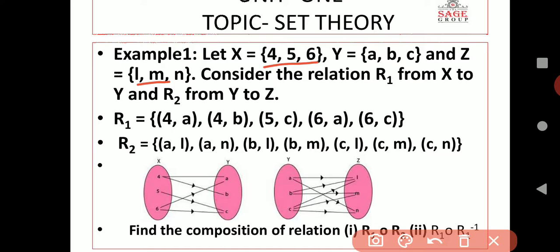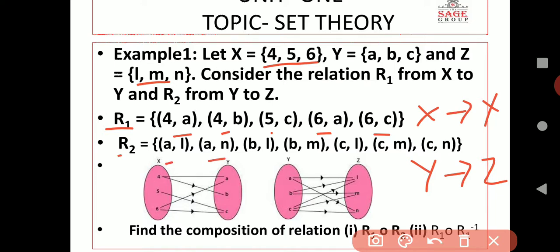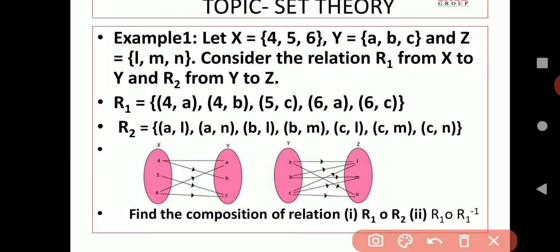Consider a relation R1 from X to Y and a relation R2 from Y to Z. R1 is equal to {(4,a), (4,b), (5,c), (6,a), (6,c)}, and R2 from Y to Z is {(a,l), (a,n), (b,l), (b,m), (c,l), (c,m), (c,n)}.